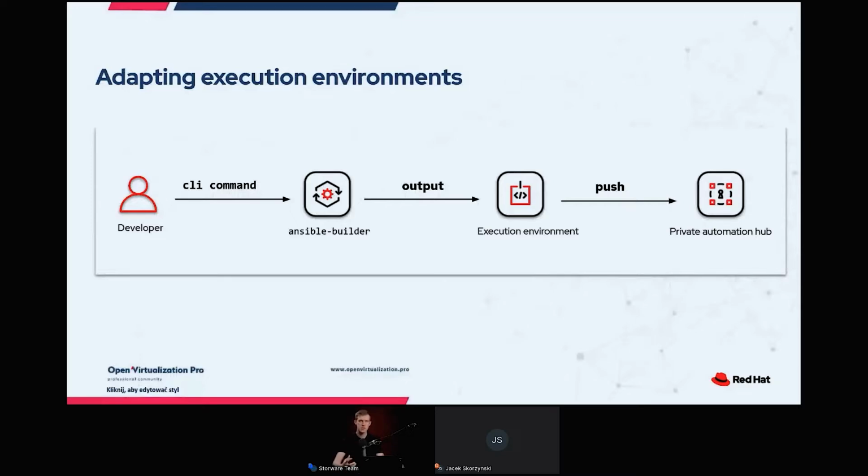It just grabs an execution environment, a minimal one, or we can provide a UBI image with some additional dependencies, and then build on top of it or inject into it all the dependencies, Ansible version, Python version, all the Python dependencies which we're going to use for a certain use case or in general, basically.